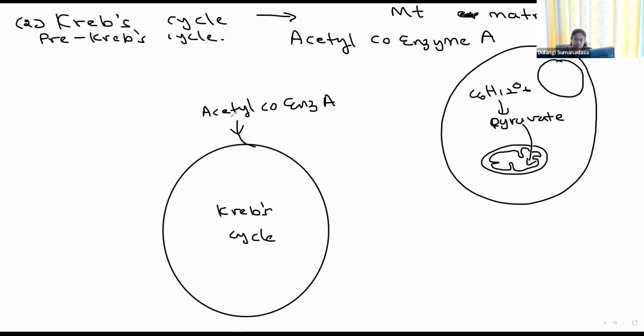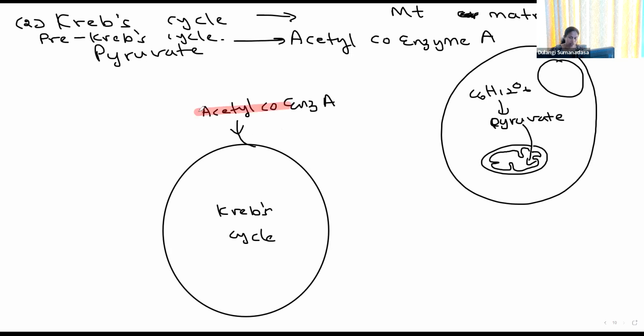Right? Because Krebs cycle starts from the acetyl coenzyme A. Whatever happens before needs to be pre-Krebs cycle. Right? So pre-Krebs cycle means you're breaking down the pyruvate into acetyl CoA. If you want, you can use the acetyl CoA.